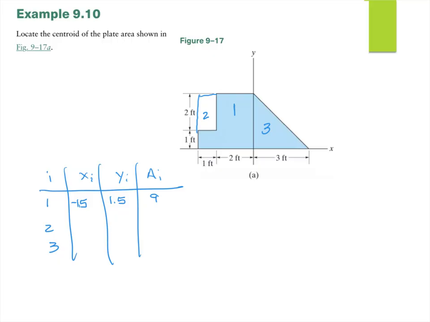For number two, now, number 2 has a width in the x direction of just 1 foot, but I need to add this 2 feet to it to give the proper coordinate. So it's minus 2 minus 1, so it's minus 3. The y value, I have 1 plus 1 is 2 because I have to add this bit to it.